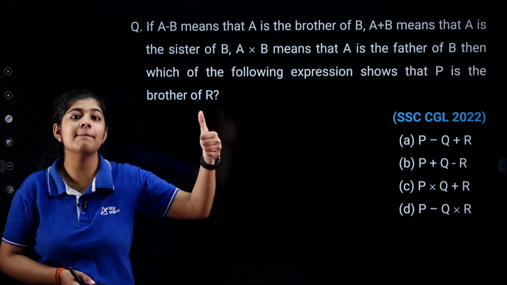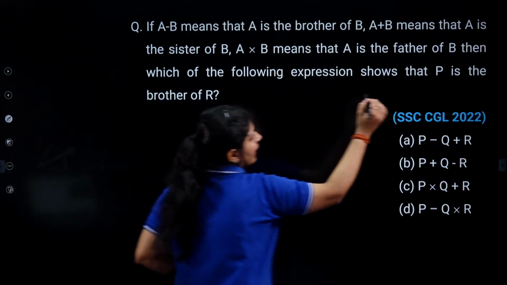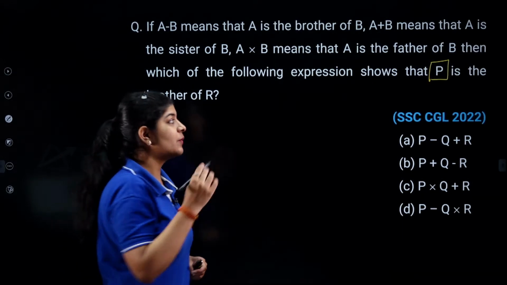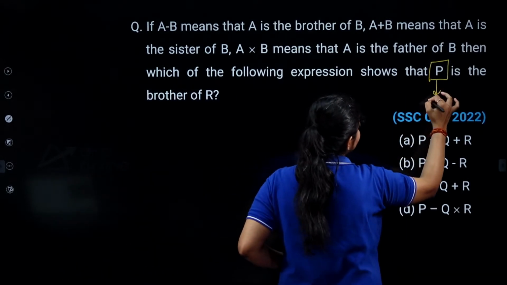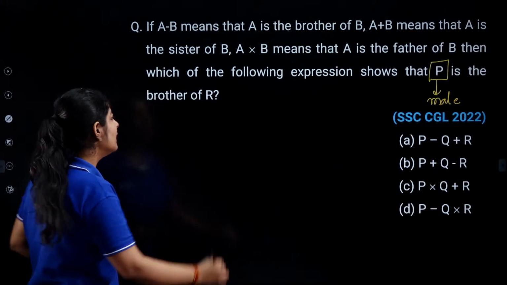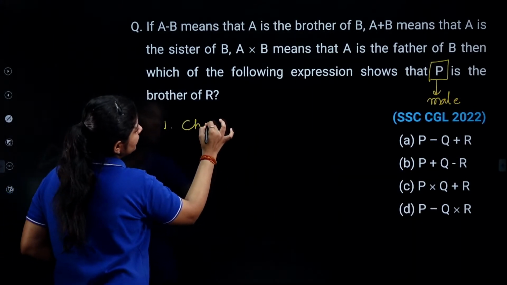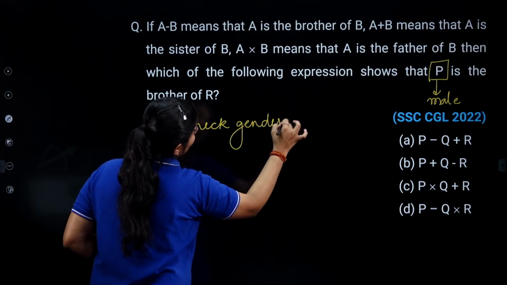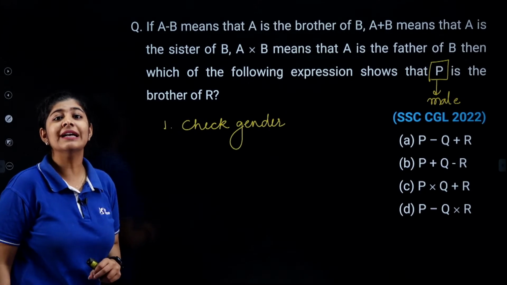We need P as a male. So the first step is what? Check gender. We need to check the gender.